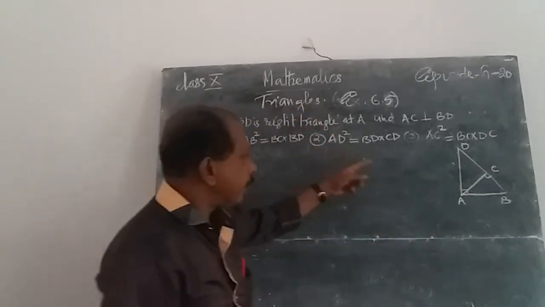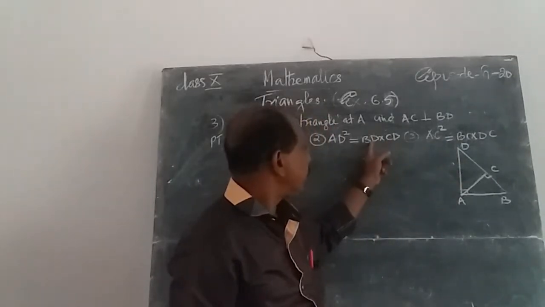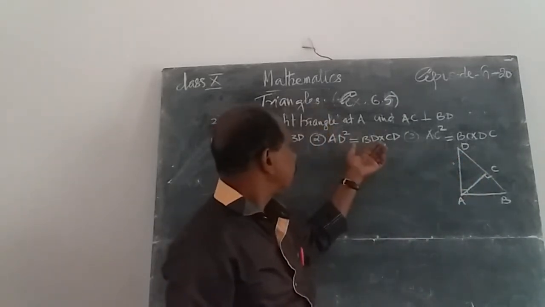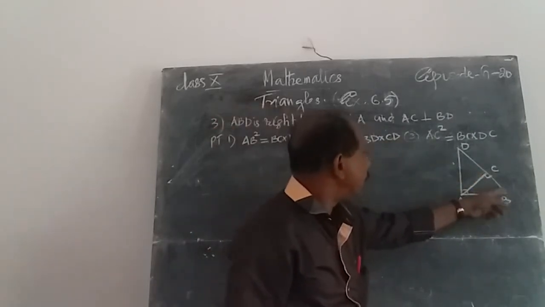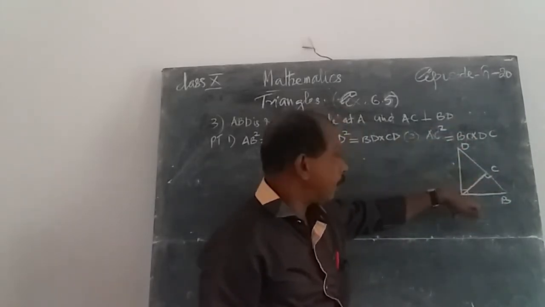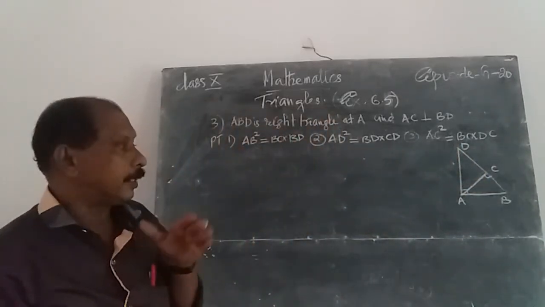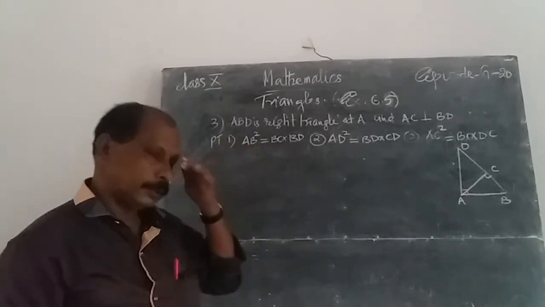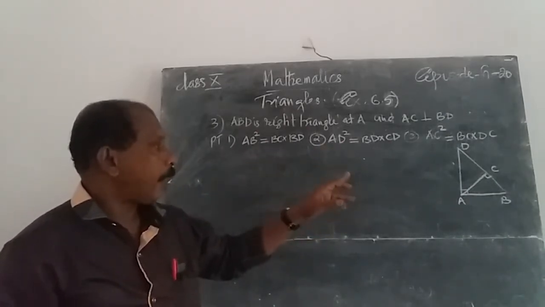Then second, AD is the altitude of the first triangle, and AD is the hypotenuse of the second triangle. Comparing the first triangle BAD and triangle ACD, we get the second result. For the first result, comparing BAD and BCA.